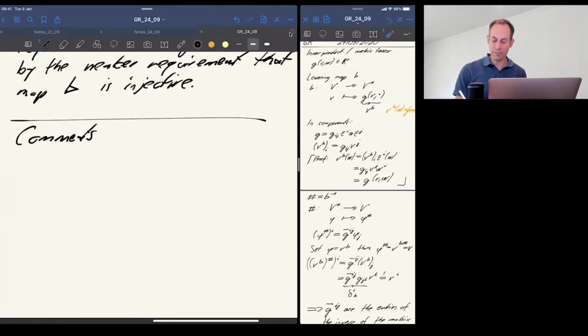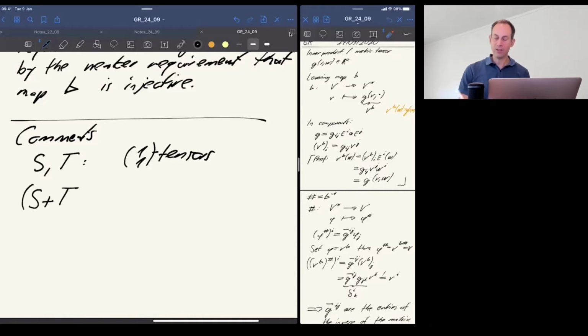So if you have, for example, an S and a T that are both, let's say, 1-1 tensors, then we can, of course, add them. I think I never actually defined addition, but I just said it's the natural one. The addition is defined in the following way. Whenever I have to define a new tensor, here S plus T is a new tensor, I can do it by telling you how it acts on its arguments.